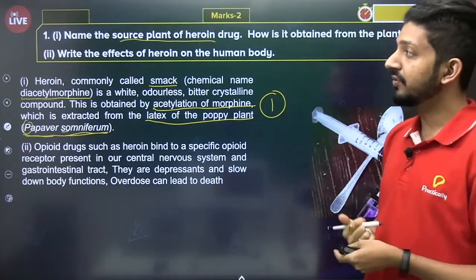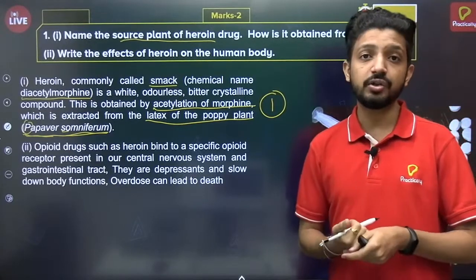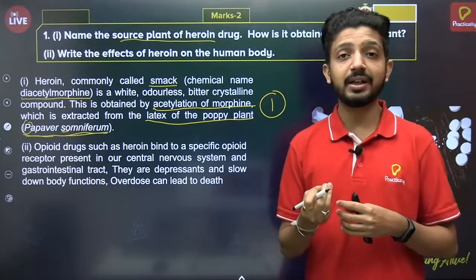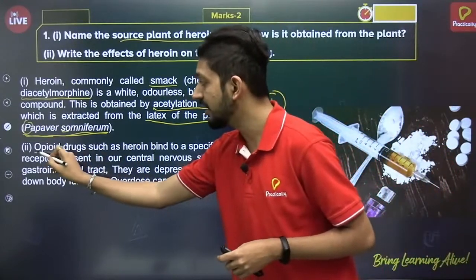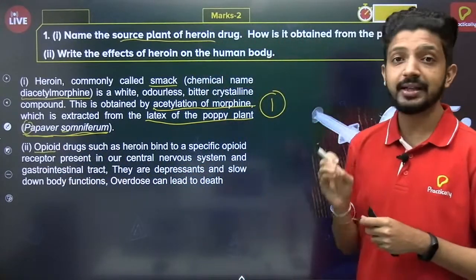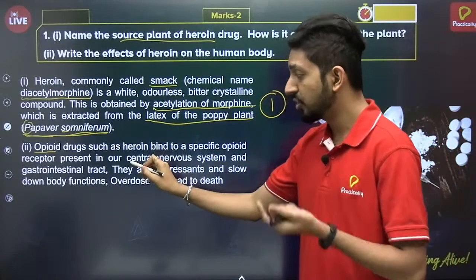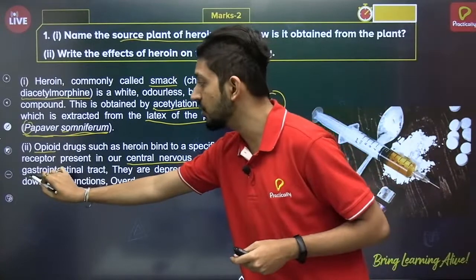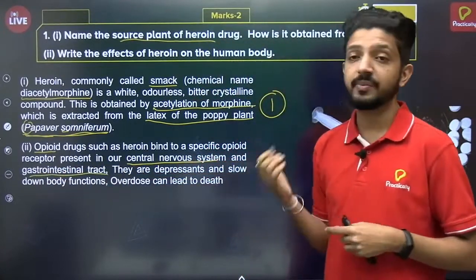The second part of the question is: write the effects of heroin on the human body. Heroin belongs to the category of opioid drugs, and opioid drugs show their effect on the central nervous system, CNS, and the gastrointestinal tract, also represented as GI.